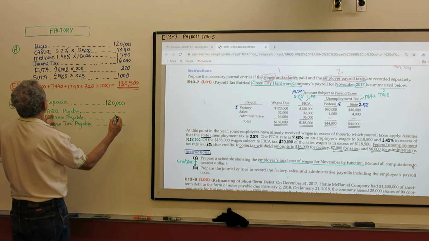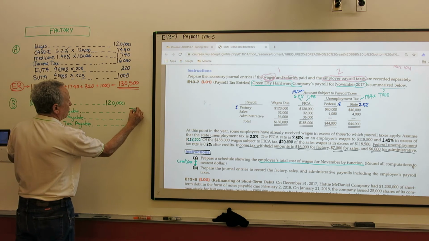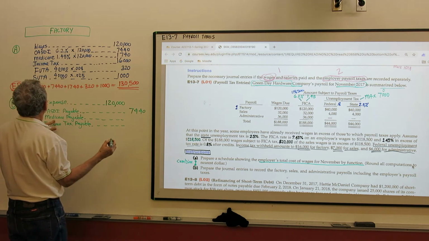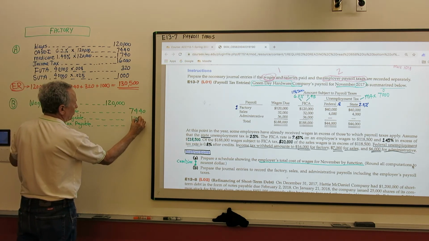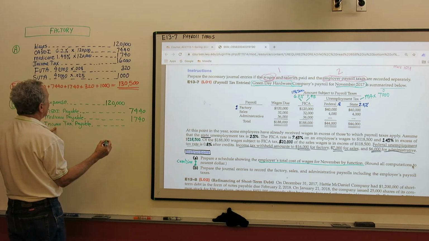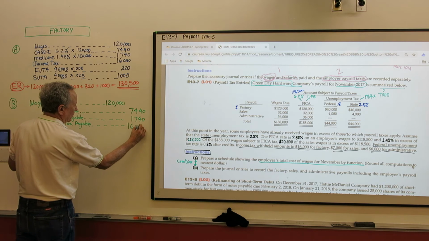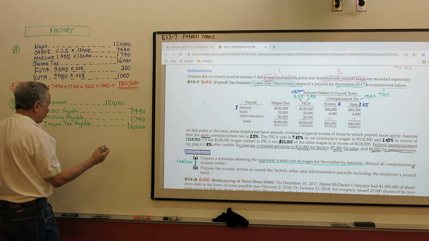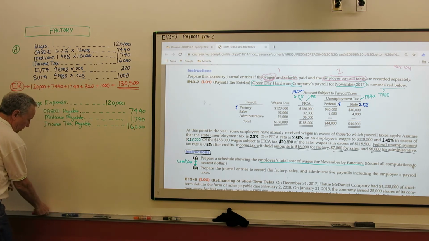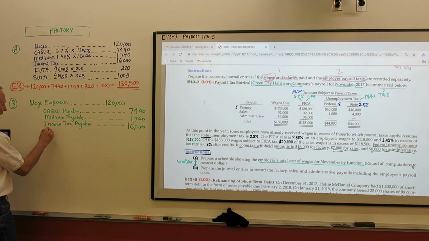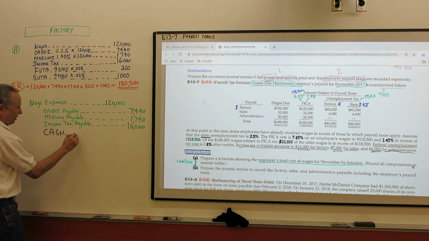OASDI payable is 7,440. Medicare payable is 1,740. Income tax payable is 16,000. And the last one is our plug. You have to go to cash. That's going to be the paychecks that get written to you.